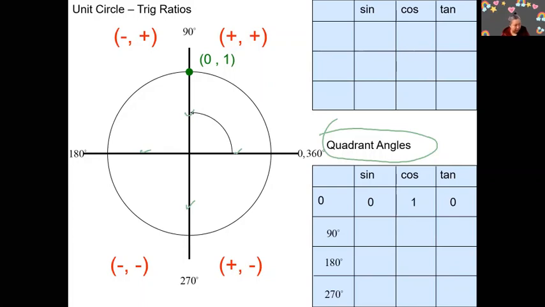So once we measure 90, then it's gonna have sine being 1 because it's only the vertical height 1, but there's no length horizontally. So it's gonna be cosine 0. Then in that case, opposite leg over adjacent 0 is undefined. This is undefined, right? Then let's move on to 180.